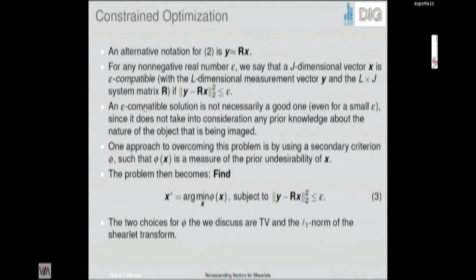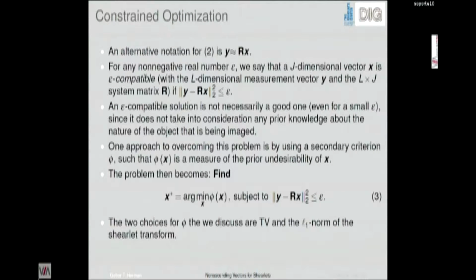Now, such an epsilon compatible solution is not necessarily a good one, even if the epsilon is small, since it does not take into consideration any prior knowledge about the nature of the object that is being imaged. And that's really throwing away lots of potentially useful information.